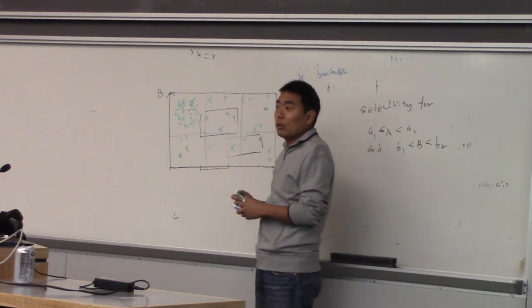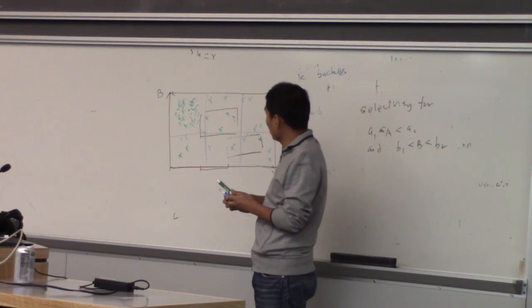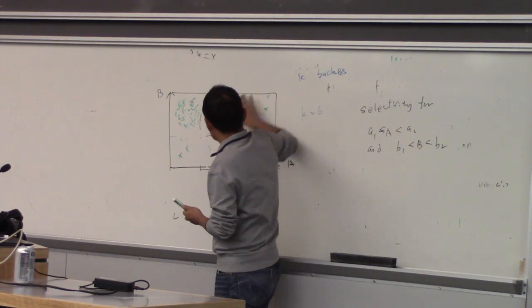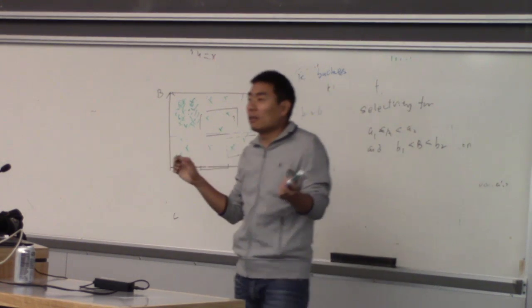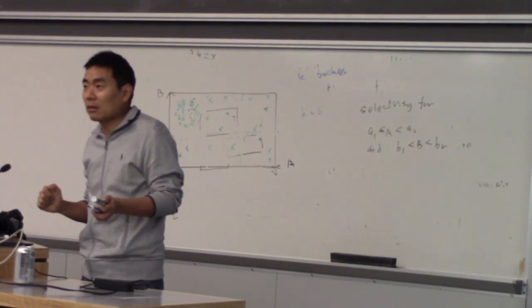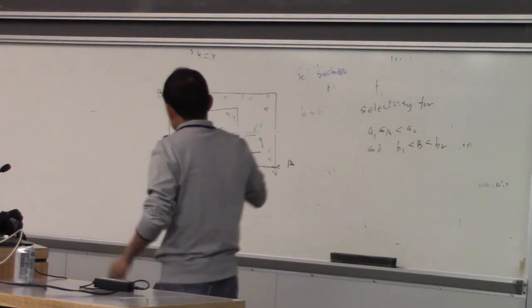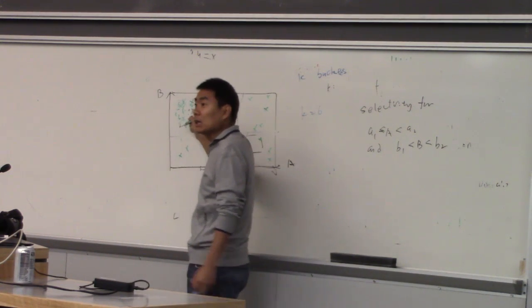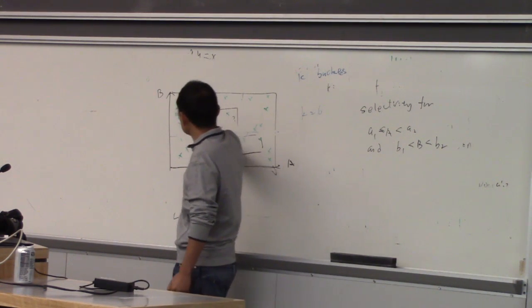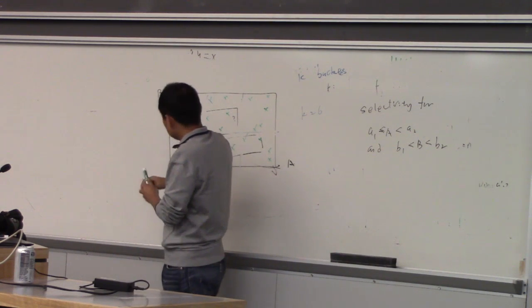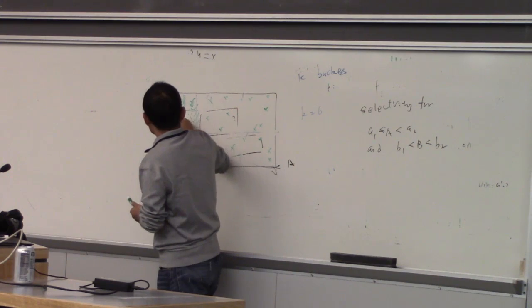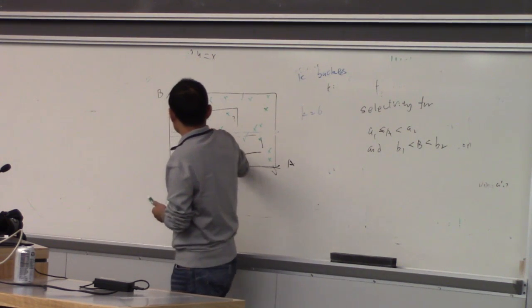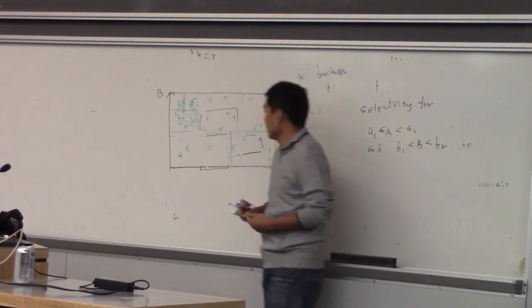So if you know that that's what's going on, what should you do? You should use the budget wisely, right? You should use the budget wisely. What you should do is allocate more budget right here than in the other space. Maybe like that.